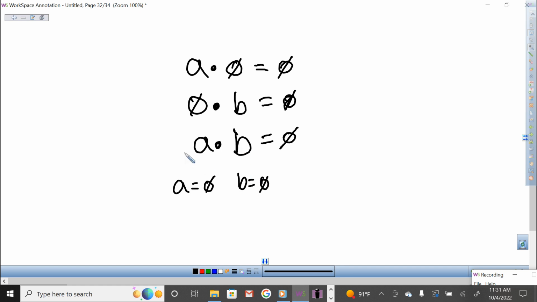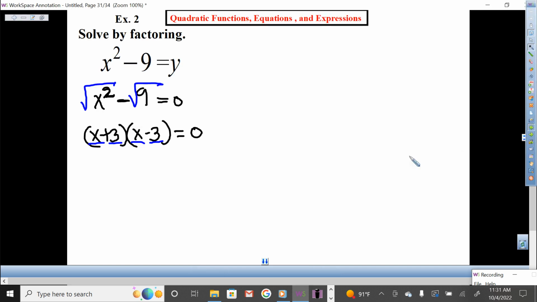So what am I saying? That if we have something times something equal to 0, then this one has to be equal to 0, or this one has to be equal to 0. Does that make sense? All right. With that same idea, look up. This times this equals 0. So what does that mean?